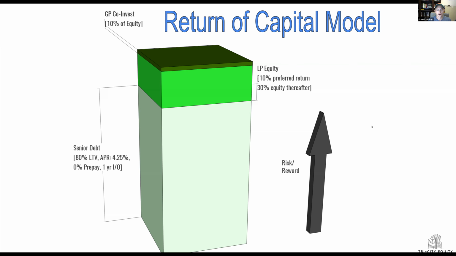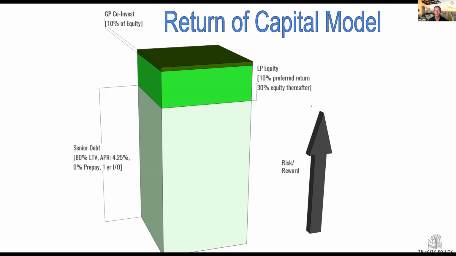So I think the return of capital model fits the investor that wants velocity, so that wants speed in terms of the movement of the capital. Because ideally, if you execute this well, you should be out of there in like 18 to 24 months as far as the refi. Therefore, you get your capital back faster, and then you can reinvest more into future deals.